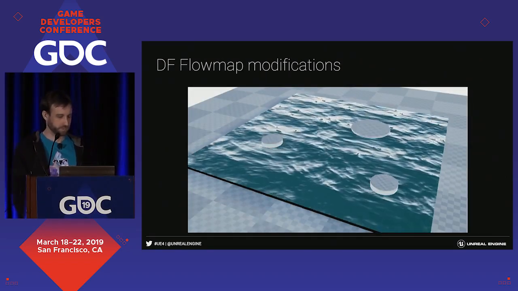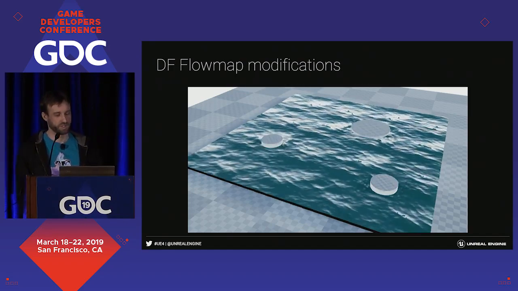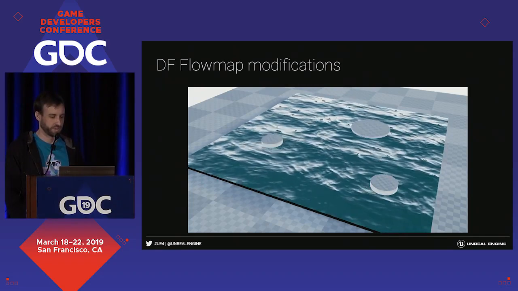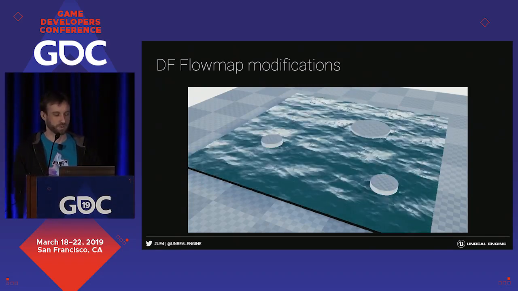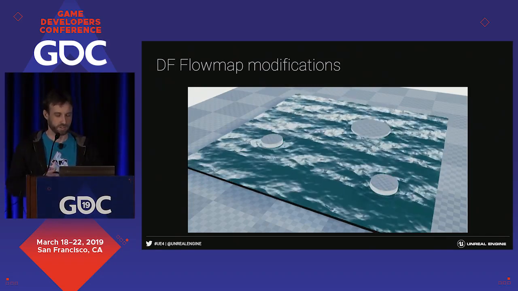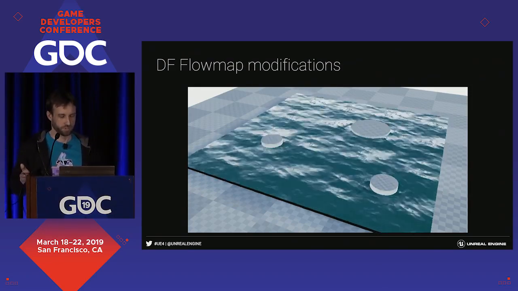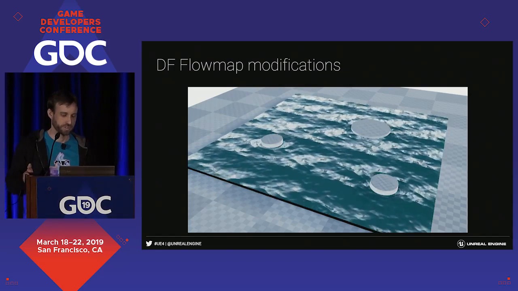So here is an example of basically taking that same flow map modification using the distance fields. It gets a little bit stretchy in one part of the animation because what I'm actually doing here is scrubbing the width of that distance field gradient. So you'll notice there are moments where it looks good and there are moments where it looks a little bit stretchy.